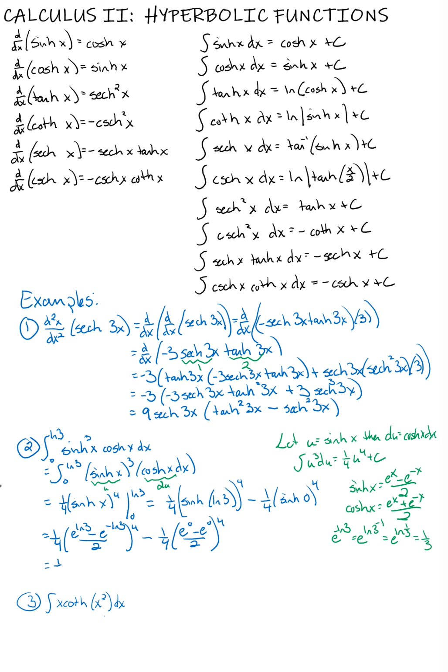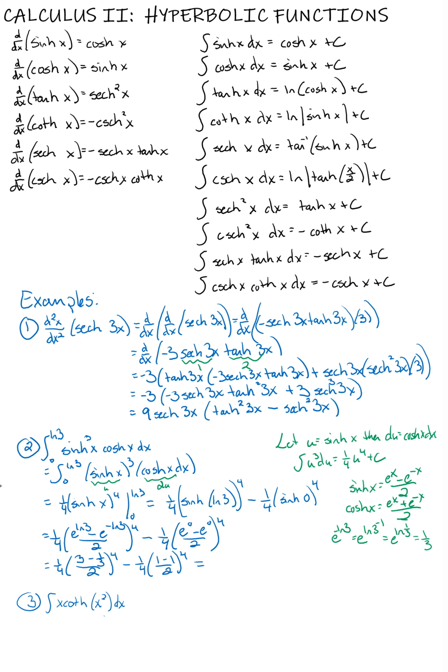So we have 1/4 times 3 minus 1/3 over 2 raised to the 4th, minus 1/4 of e to the 0, which is 1. E to the 0 again is 1. All right, that second bit's going to be pretty easy. I'm going to let you take a moment and give that a shot, see what you come up with.